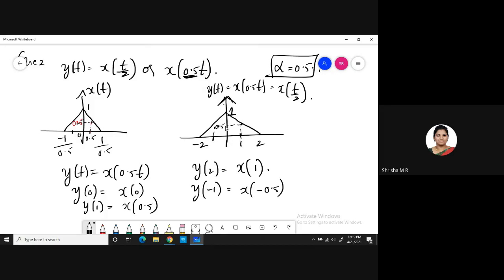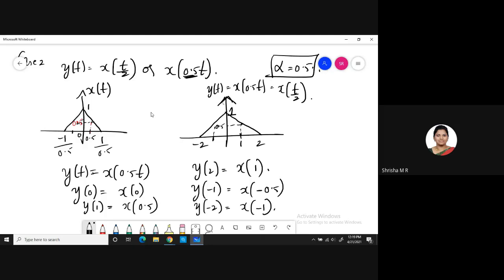Similarly, at y of -2, you will have the value of x of -1. So at the -2 instant, you will have the value which you had at x of -1. Clear, everyone? Yes, ma'am.